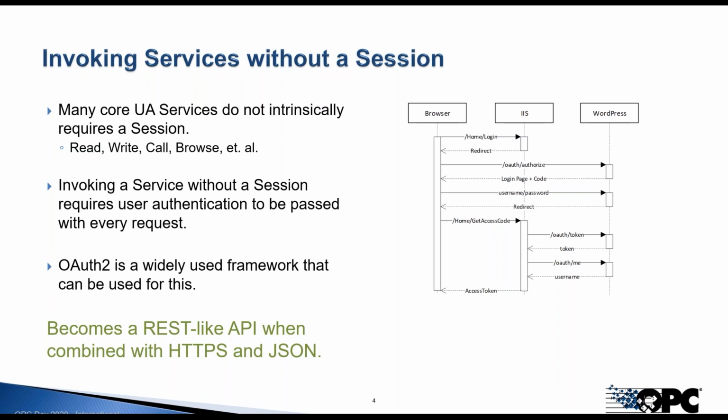And if you combine a read call with some mechanism for user authentication, such as OAuth 2, which is a standard authentication mechanism that's supported by all the major cloud vendors, and you combine this with a JSON encoding and an HTTP transport, you have something that looks a lot like a simple REST-like API, where you have an application that's posting a JSON document and getting back a JSON response.